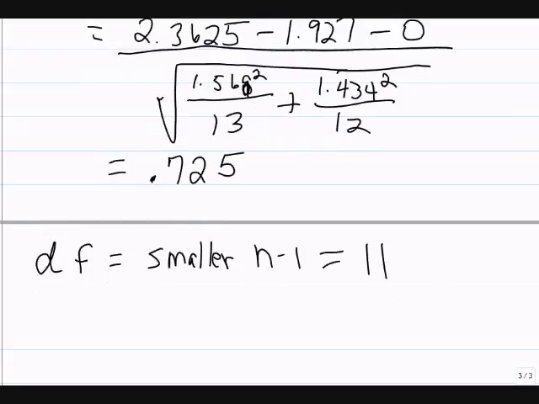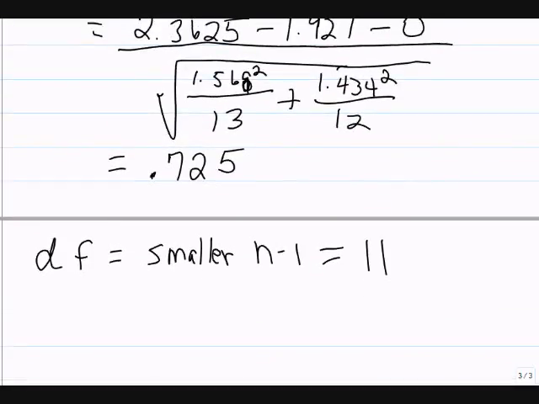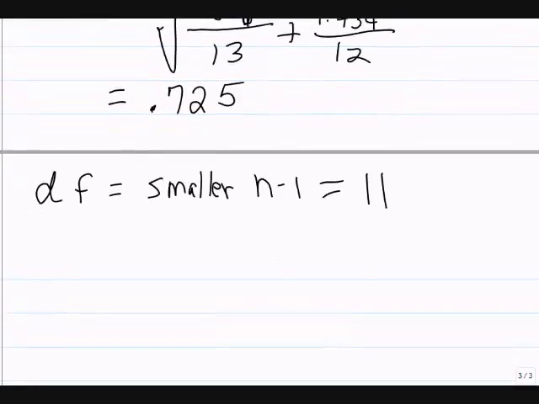There is another process for finding degrees of freedom that your calculator actually does for you automatically, and you can use that calculation also. Doesn't matter which one you use. Yes, the calculator gives you a non-integer value. You can look up the formula for that one. It's kind of fun.